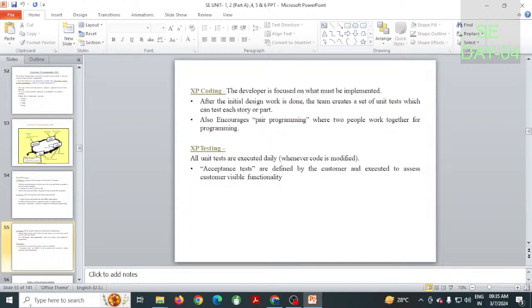Here, all unit tests are executed daily, whenever the code is modified. One thing we should remember, acceptance tests are defined by the customer and executed to assess customer-visible functionality.